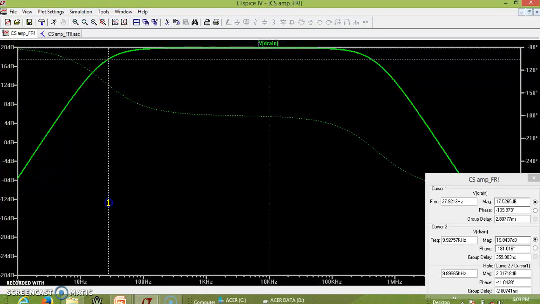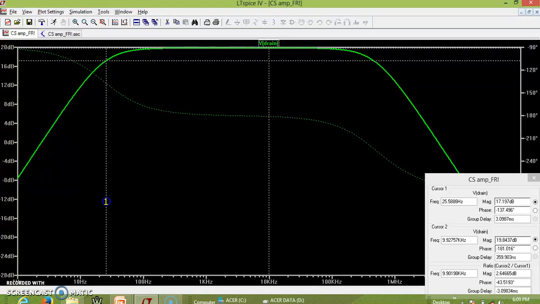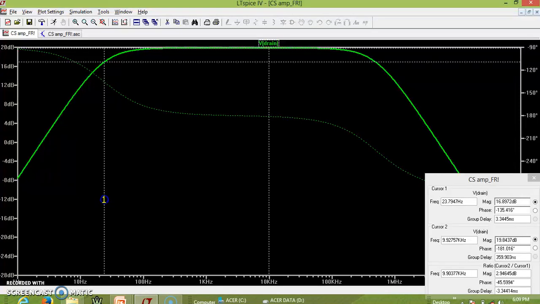Now you can see it is 2.3, 2.4. Now it is 2.9. Now it's almost close to 3. Please have a look, this is actually cursor 1. The corresponding frequency of cursor 1 is 23.45 hertz, and the other is at the maximum. So this frequency corresponds to F1.